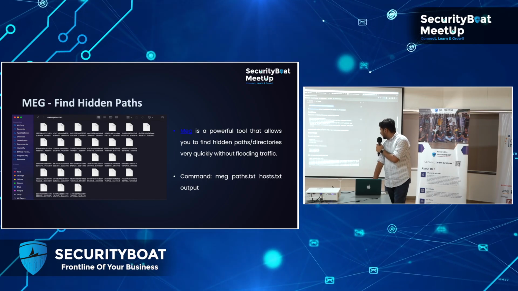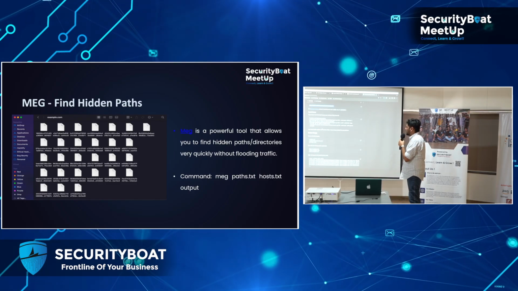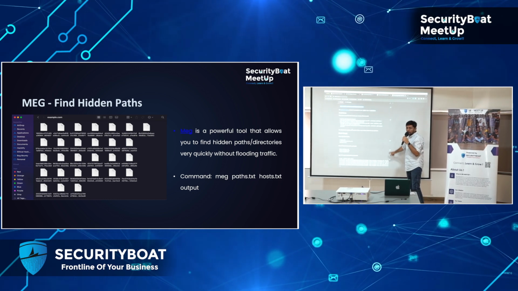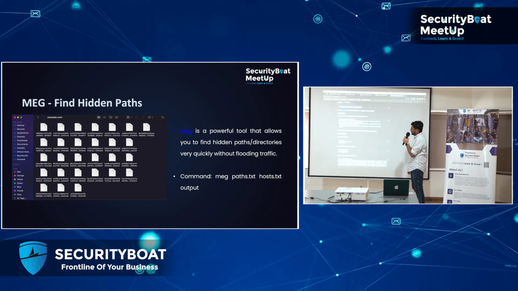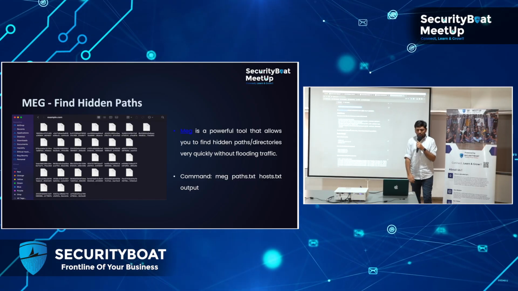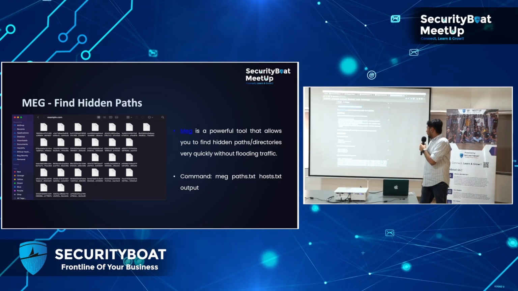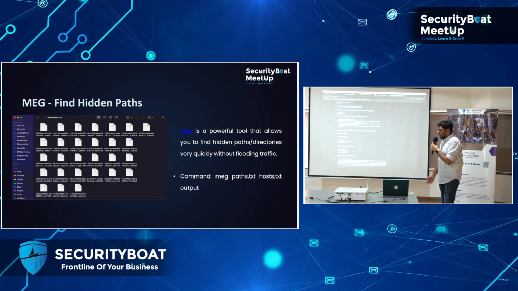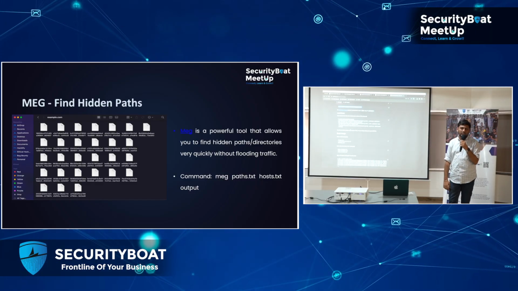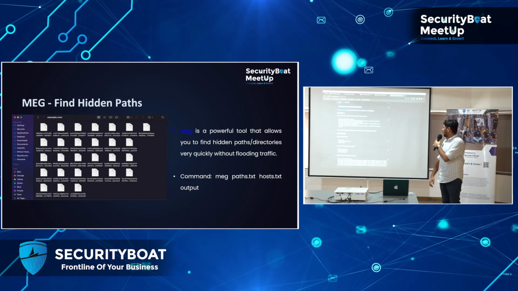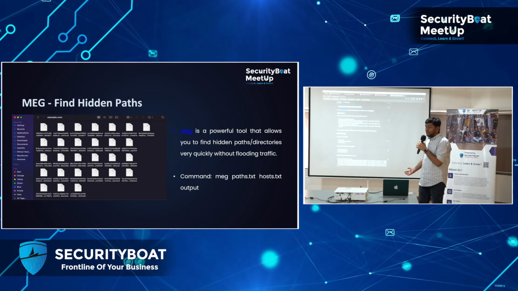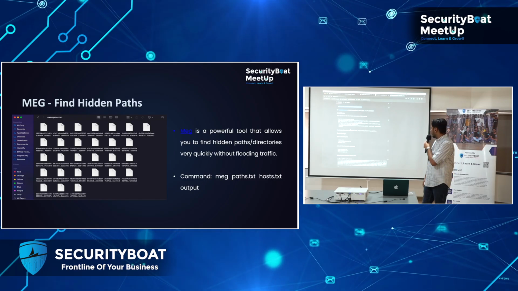You have to provide two things to it. One is a file full of paths, and the second is a file full of hosts. These two things you have to mention. For paths, you can use any one. I would recommend using SecLists, which has a lot of different fuzzing lists available inside the content discovery directory.